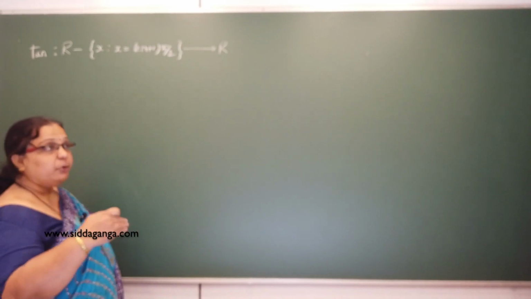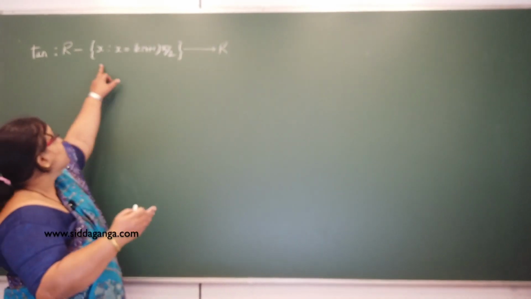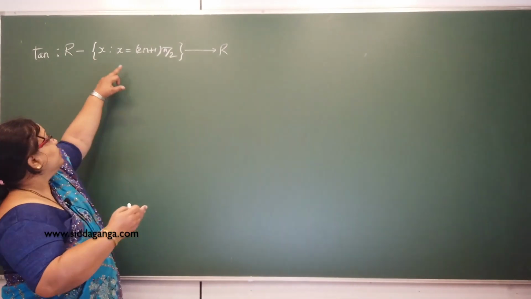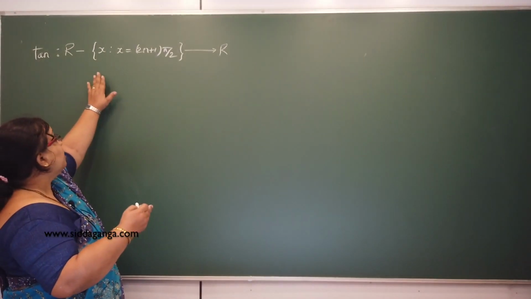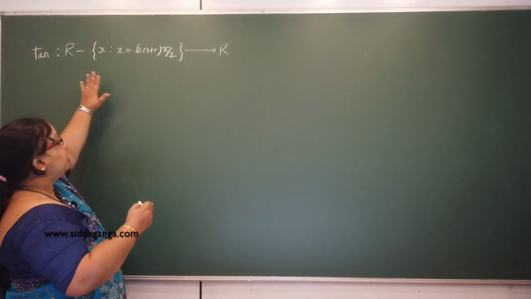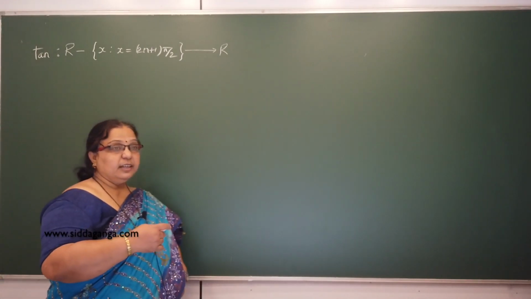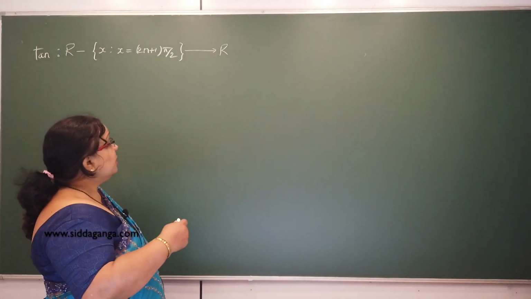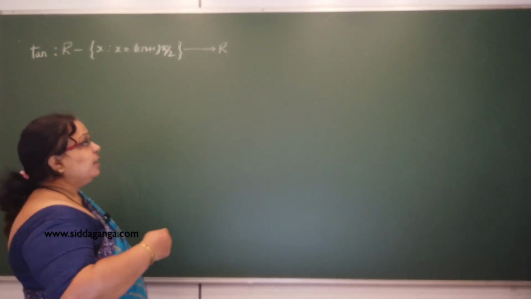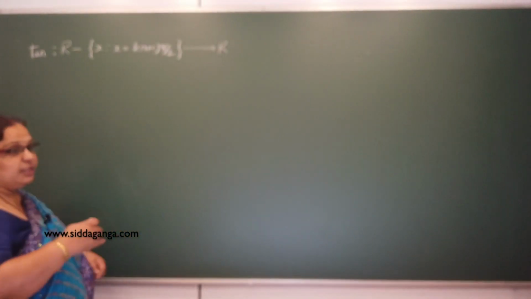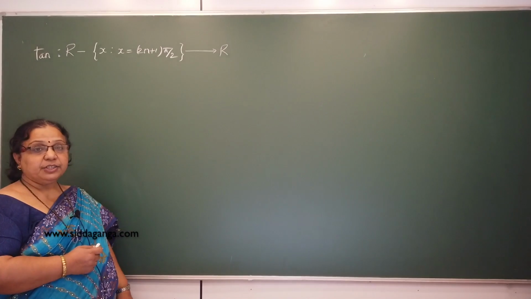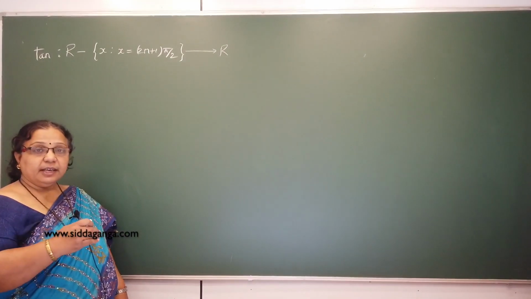We have to delete those angles from the set of real numbers, and that becomes the domain of the tangent function, and the range is nothing but R. Again, using the same concept of a bijective function, only then does the inverse exist for the function.